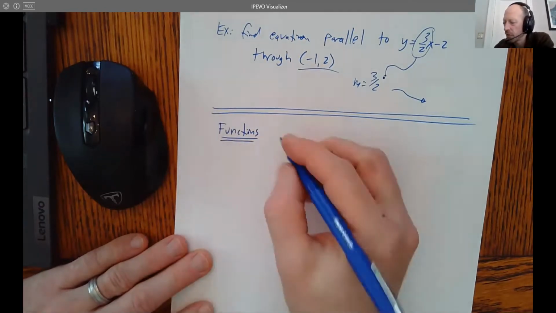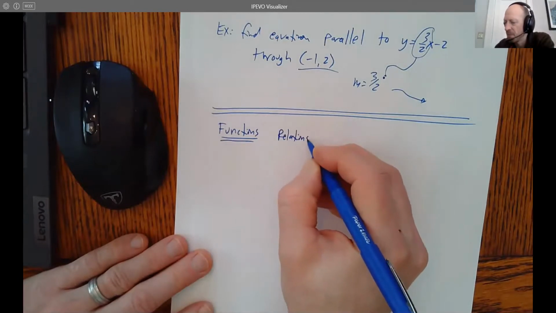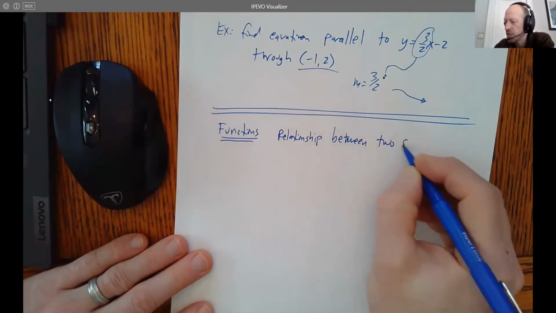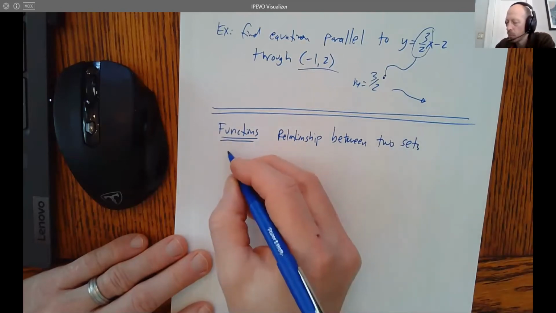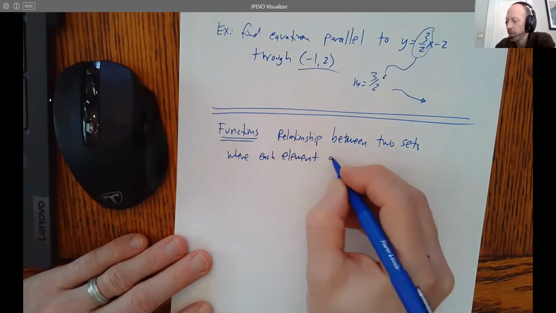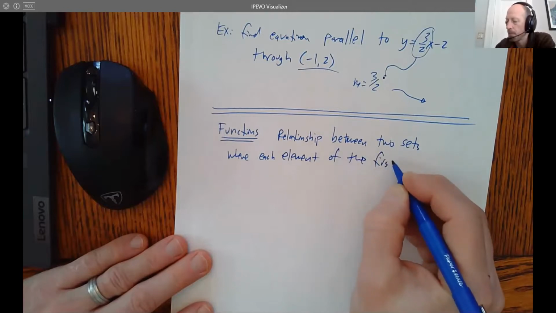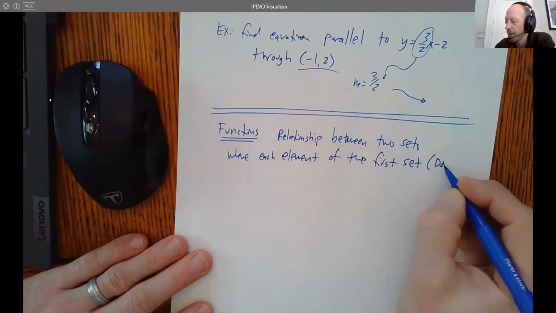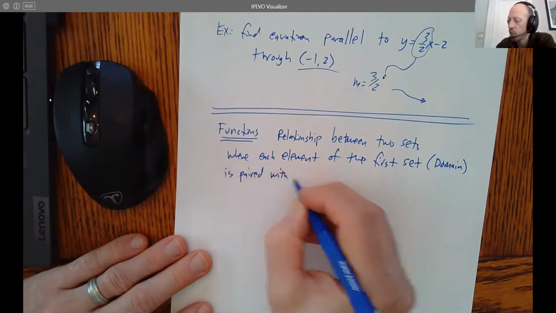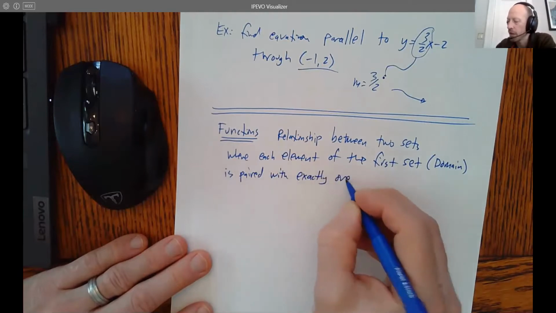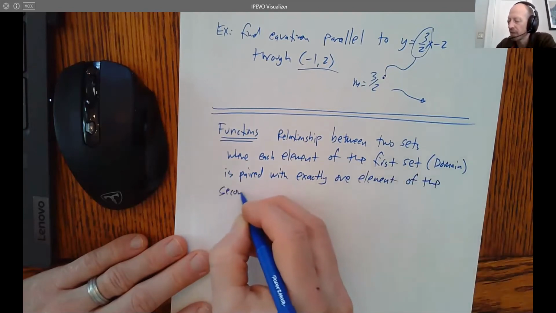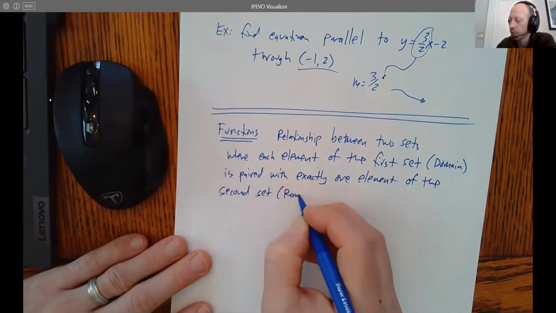A function is a relationship between two sets where each element of the first set, which we're going to call the domain, is paired with exactly one element of the second set, which we're going to call the range.